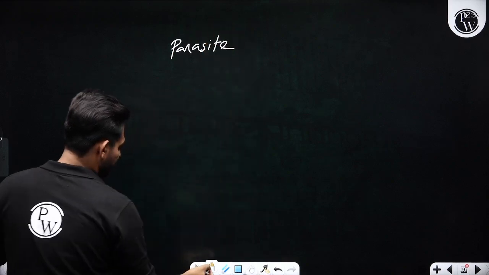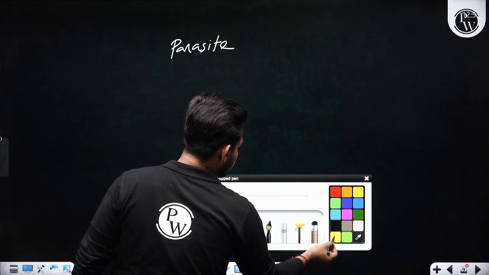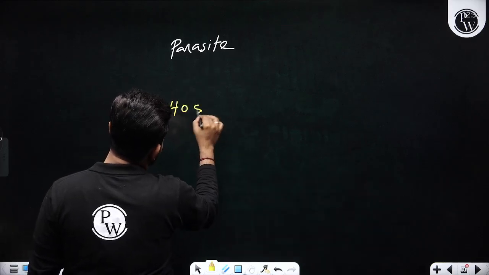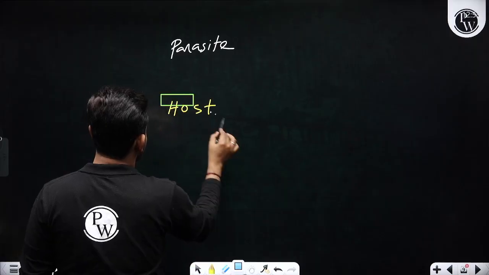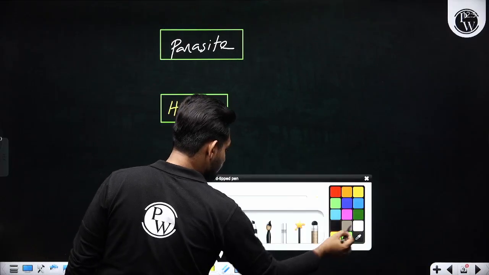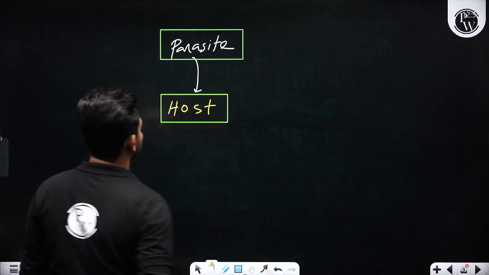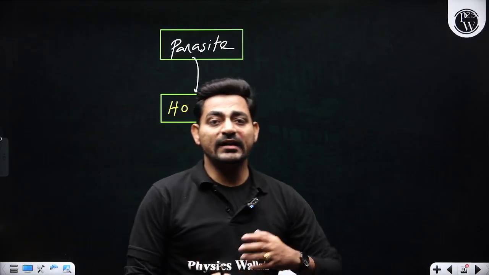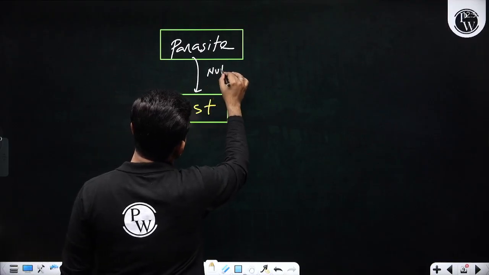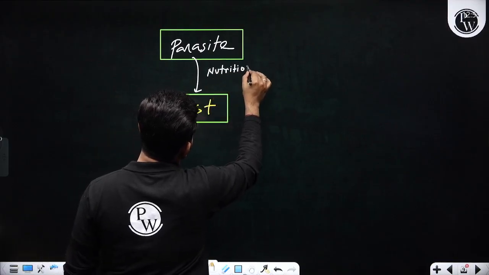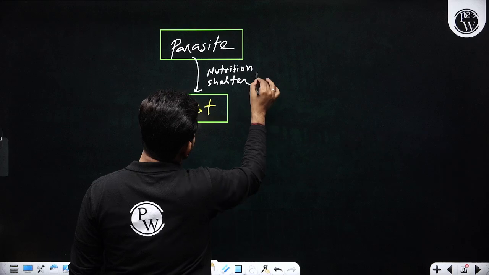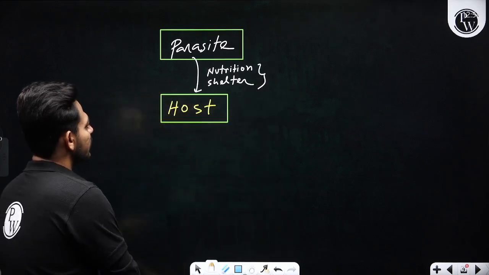Parasites are certain kinds of organisms that will attack other organisms, which we call the host. So parasites attack the host, and what they expect from the host is that they will take nutrition and shelter from the host body.